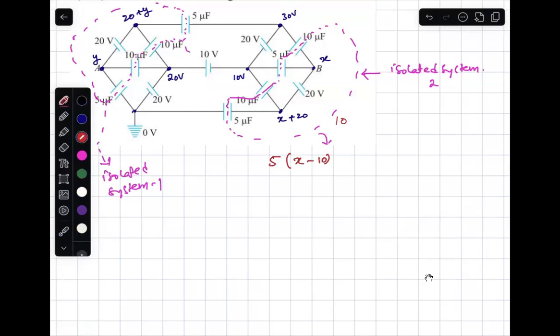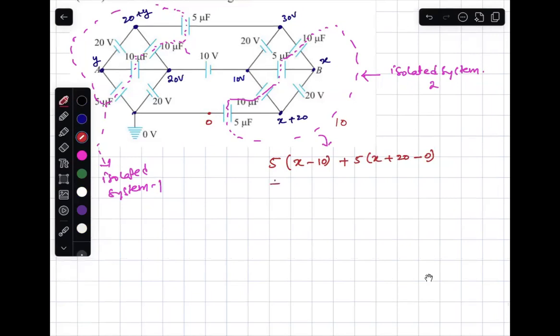X minus 10. Agreed? Plus 5 times x plus 20 minus 0. Why? Because this end is 0 volt. Done. Two more to do. What are the other terms?